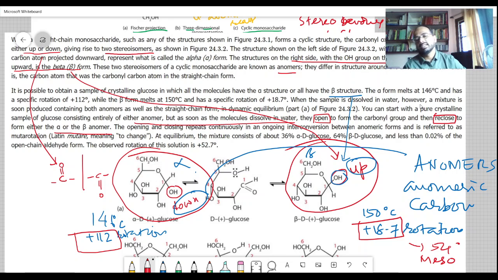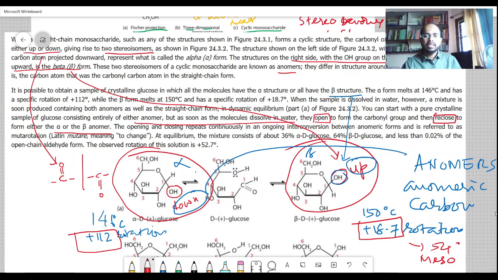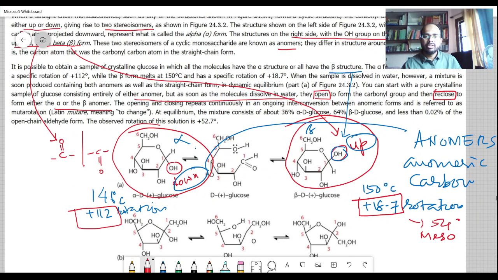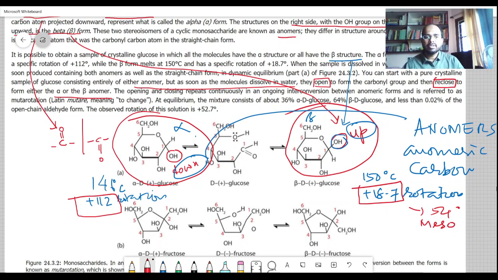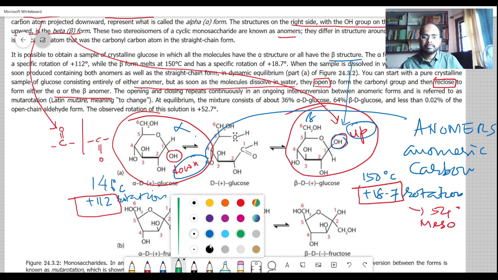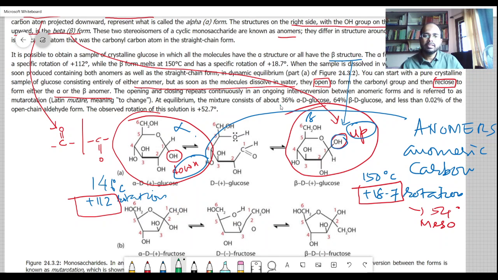We also call this ring opening and exchange of protons, and a subsequent related subject is called molecular rearrangements. So at equilibrium the solution consists of about 36% alpha D glucose and 64% beta D glucose.